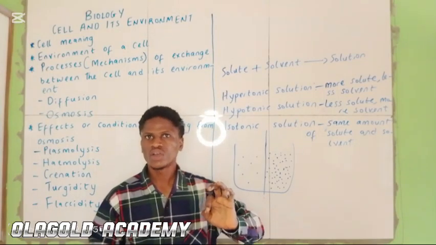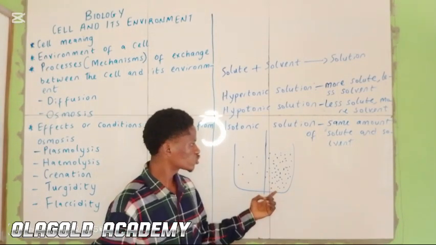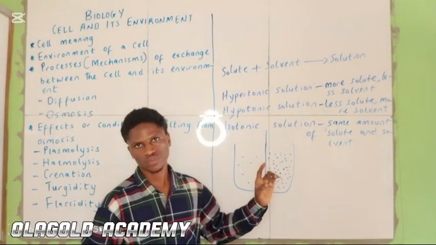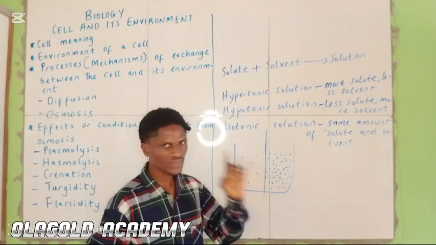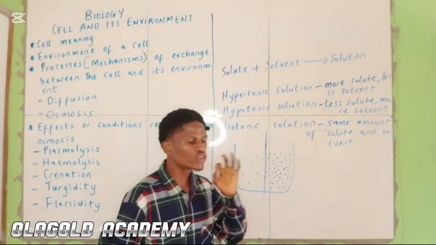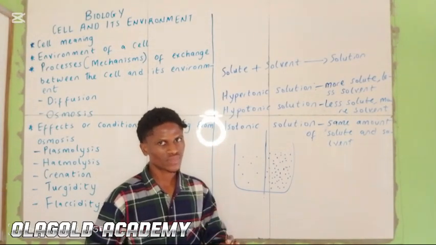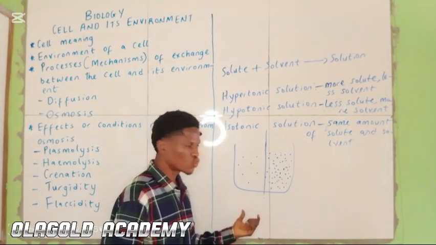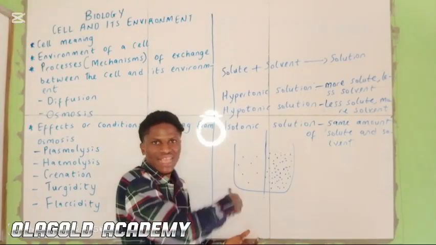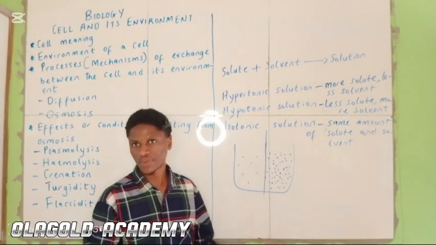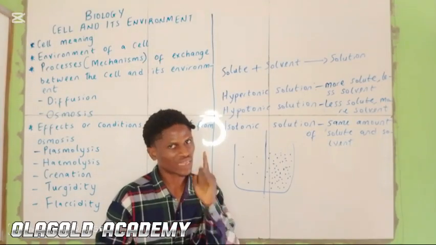The more the solute, the higher the osmotic pressure. I repeat, the more the solute, the higher the osmotic pressure. And the lower the solute, the lesser the osmotic pressure. Remember what I said.